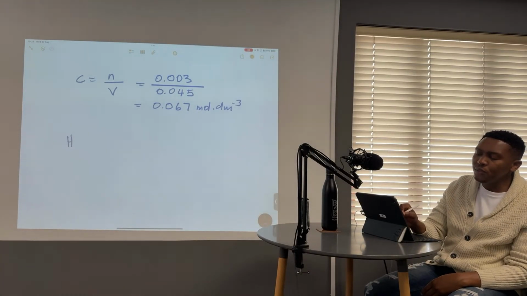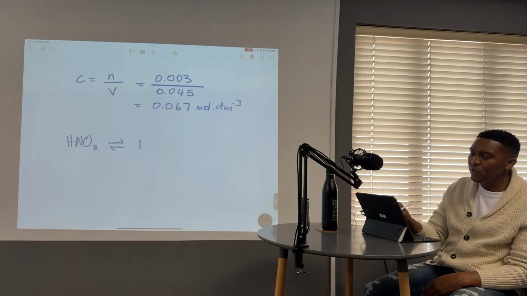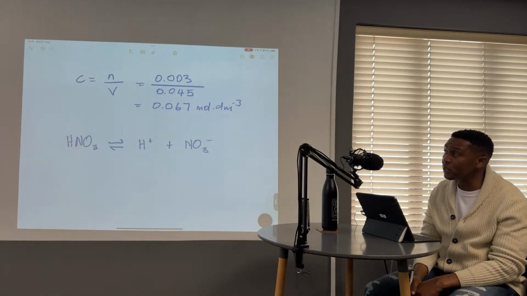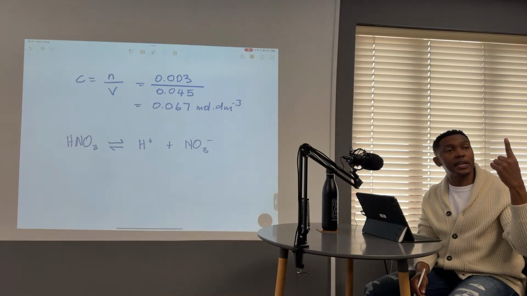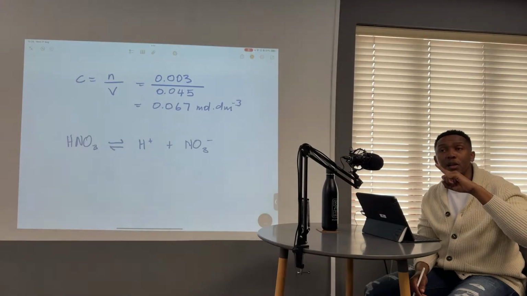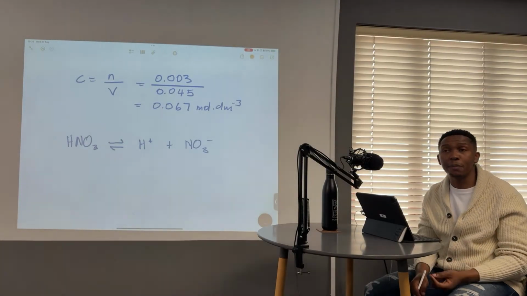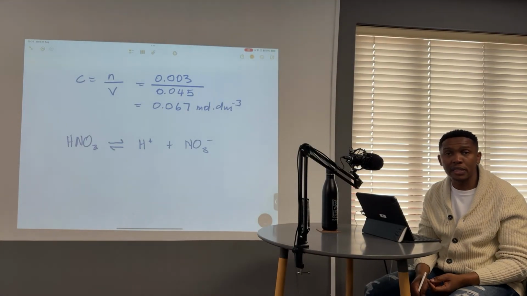So firstly, I need to find out how nitric acid ionizes in solution. So nitric acid gives H plus and NO3 minus. What does this mean? For every 1 mole of nitric acid, we get 1 mole of hydronium ions. Make sense, guys?